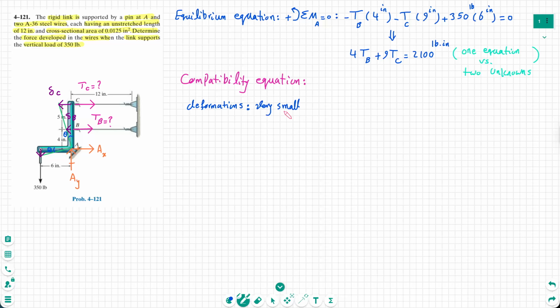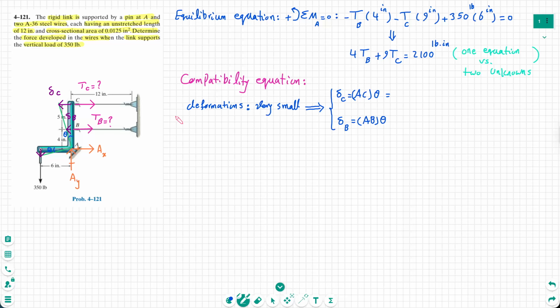When we say very small, we mean compared to the original size of the structure. We can say the delta C is this side, I mean AC times theta, and also delta B is this distance AB times theta.